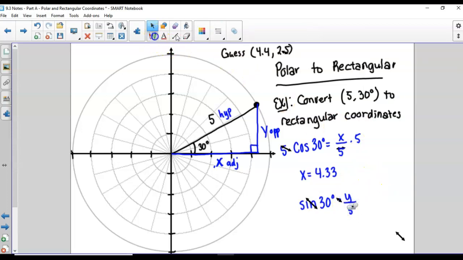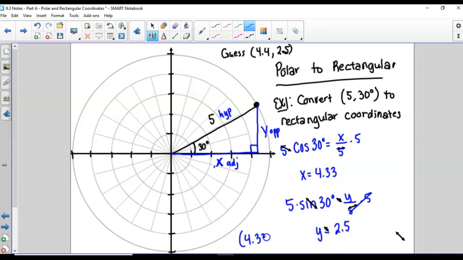I would multiply both sides by 5, and if I do 5 sine of 30 degrees, you get 2.5. So he got that one exactly right. He was pretty close. So 4.33 and 2.5, those would be the rectangular coordinates.